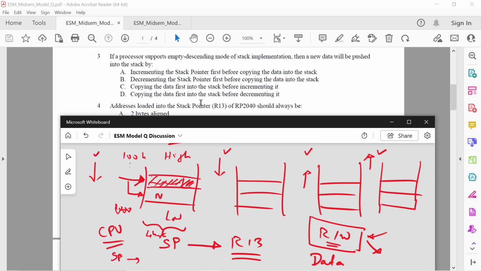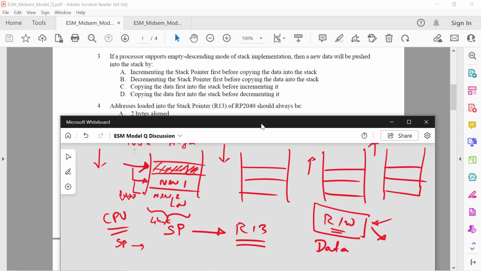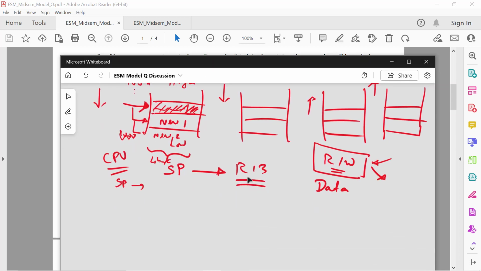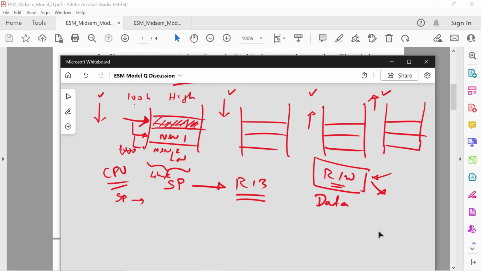The first new data of the push operation will come here. If I push next, I will decrement again, and then put another new data here. So this stack which is going downwards is a descending stack, not an ascending stack, because every push takes the stack towards the lower address.